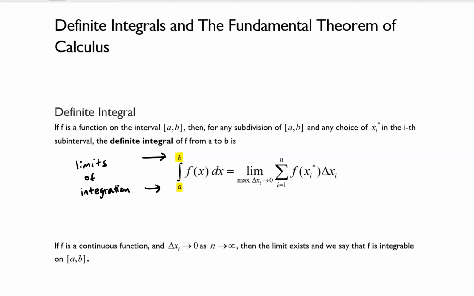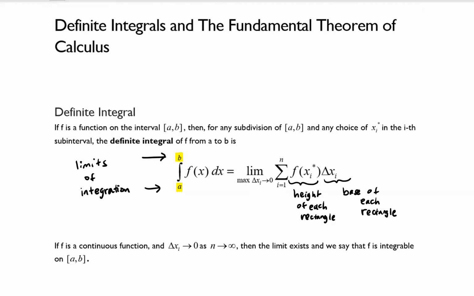Now that looks really intimidating, but basically this is what we've been working with when we were approximating area under the curve. So this represents the height of each rectangle, and delta x sub i represents the base length of each rectangle.